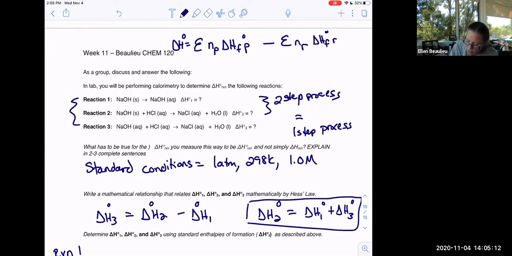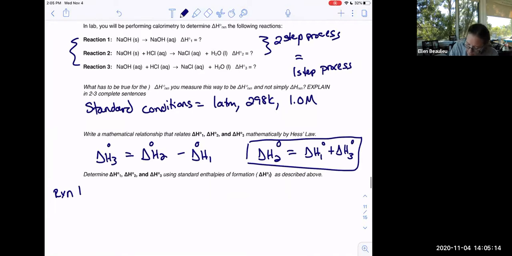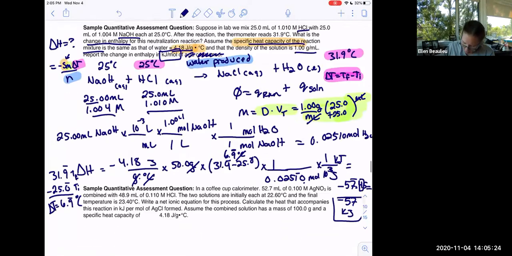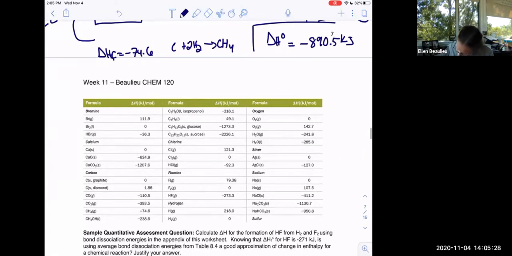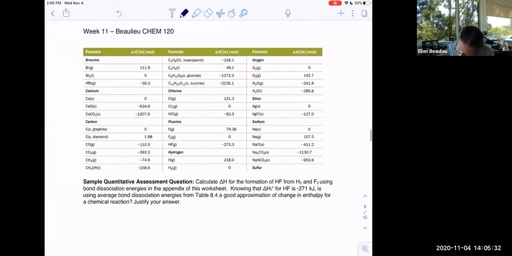So in reaction 1, my product is sodium hydroxide aqueous. Somebody who was able to access those tables, can you give me the number? It would be awesome if it was in the one I put in your lecture worksheet. Nope, not awesome.